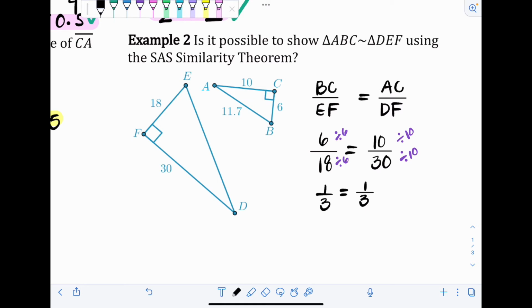So I end up with 1/3 equals 1/3. The ratios of their side lengths are equal, so these triangles' side lengths are proportional, which means that they are similar. So yes, we have enough information. I'm just going to say yes, triangle ABC is similar to triangle DEF.